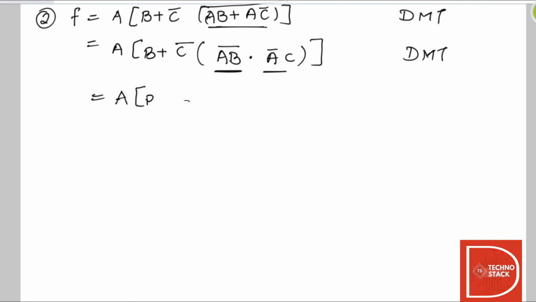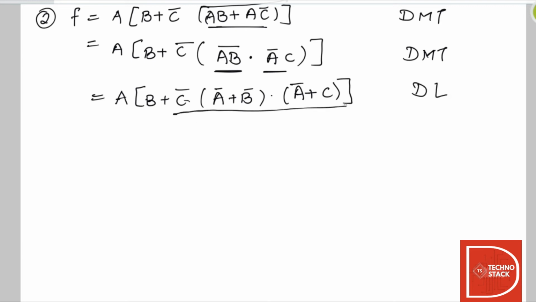So a into b + c̄ is (ā + b̄) dot (ā + c). Now using the distributive law, we will multiply c̄ inside. First we will not use the distributive law; let's first multiply these two using the distributive law.